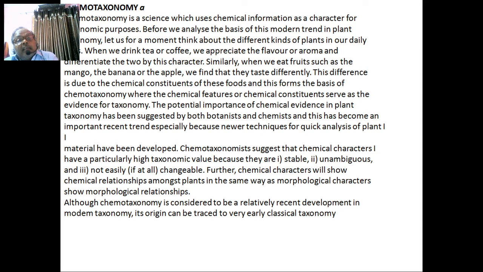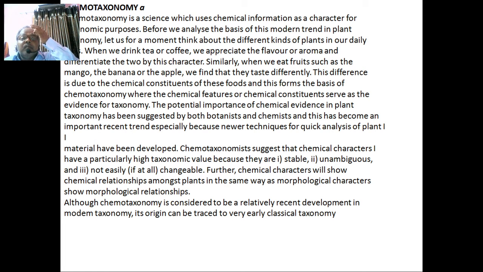केमोटैक्सोनॉमी में क्या है? ये साइंस, this is the science. Chemotaxonomy is a science which uses chemical information as a character for taxonomic purposes. Before we analyze the basics of modern trends in plant taxonomy, let us for a moment think about the different kinds of plants in our daily life. When we drink tea and coffee, we appreciate the flavor and aroma, differentiated by their characters.